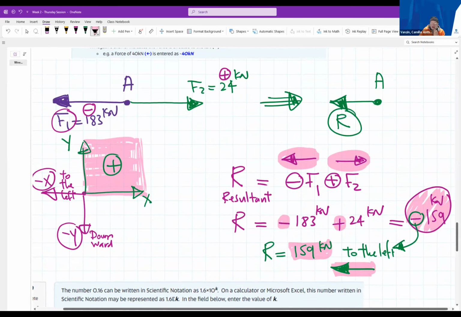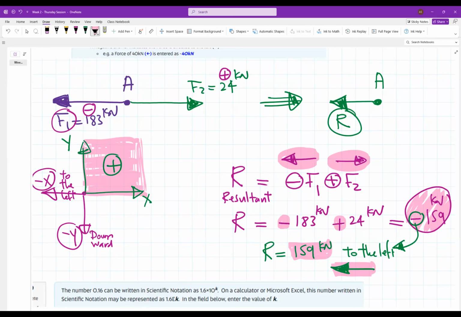So you can't really use minus 159 as a notation. That's not technically correct. You have to say it's 159 to the left. Negative is not like negative numbers, from 0 to below 0. It is just the direction of the force, that's all it's representing.